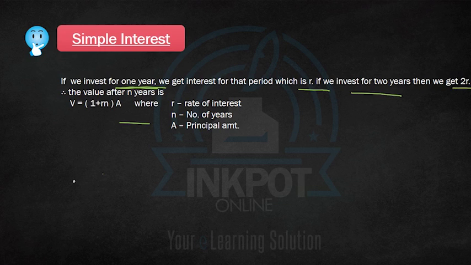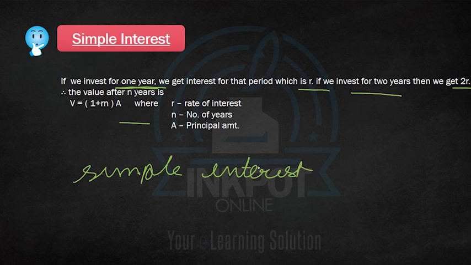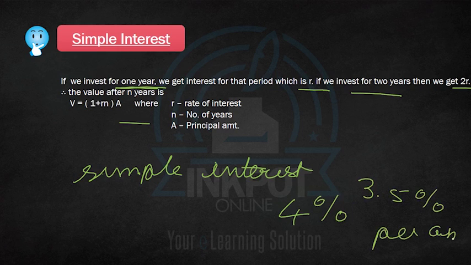Now, this is known as simple interest, which means that the amount of money that you put in, for example, say a bank, earns a rate of interest, say 4%. Today, State Bank of India has reduced it to 3.5%. This means per annum. That's what you get, right?